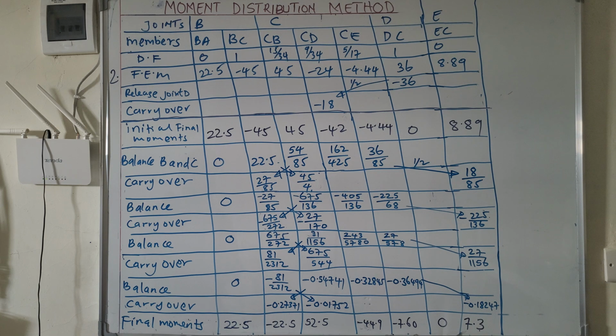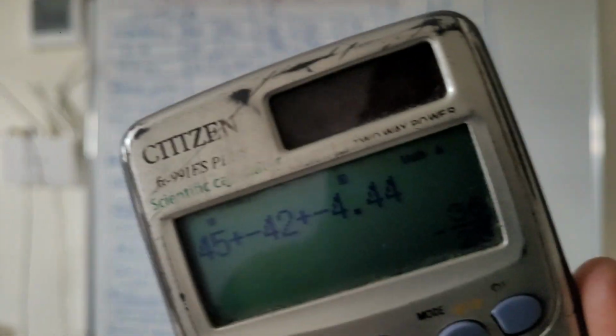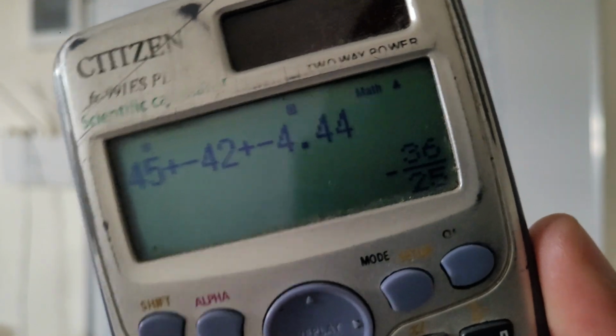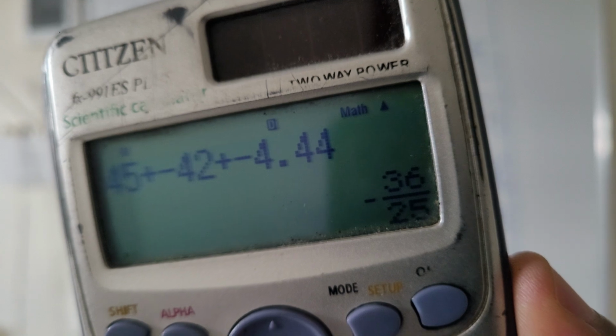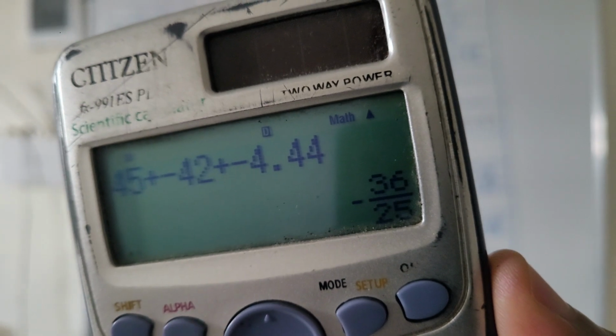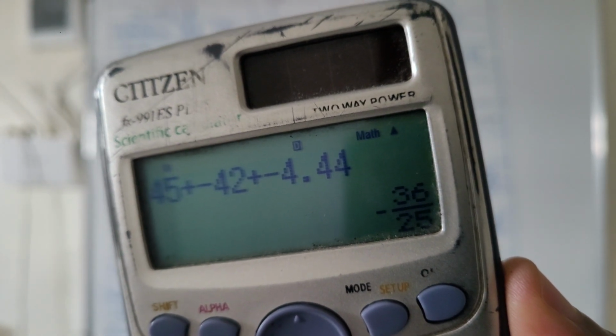The answer is not equal to 0. On my calculator, the answer is negative 36 over 25.